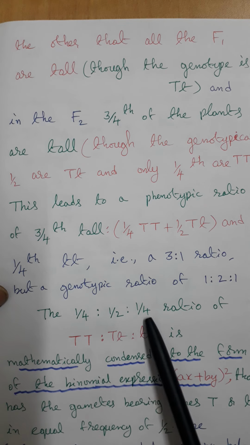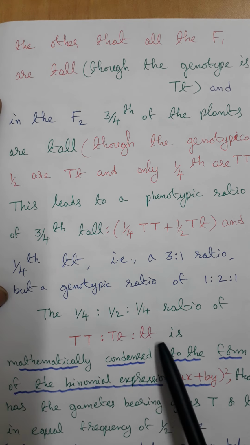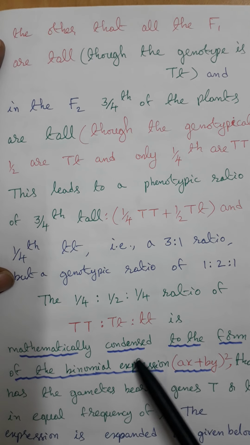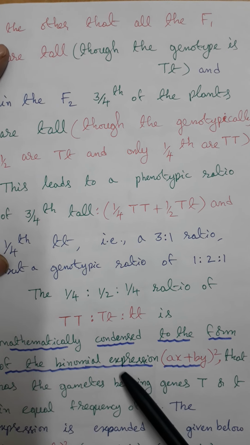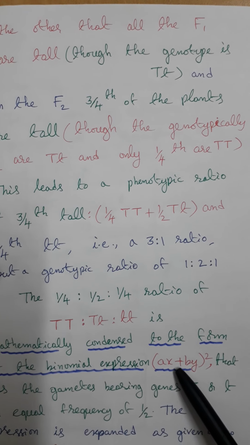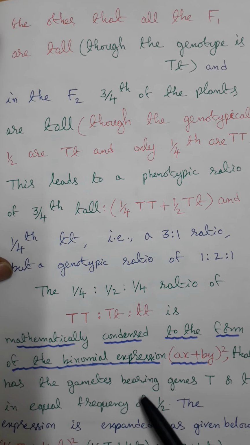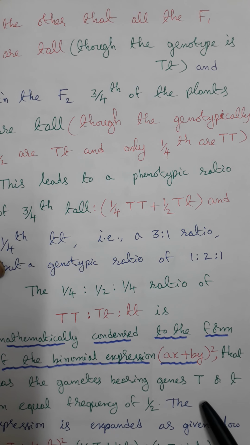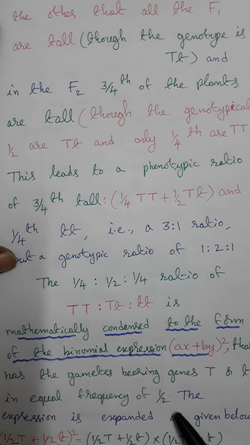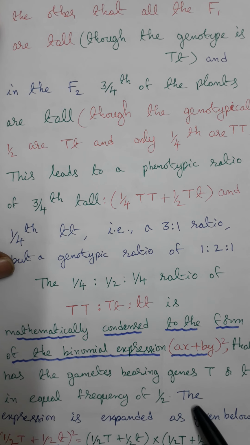The ratio of 1/4 capital T capital T, 1/2 capital T small t and 1/4 small t small t is mathematically condensed to the form of the binomial expression (a plus b) whole squared, where the gametes carry the genes capital T or small t in equal frequency of 1/2.